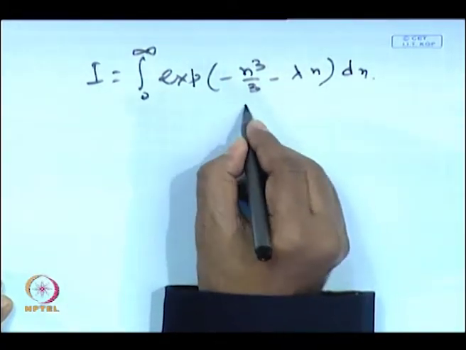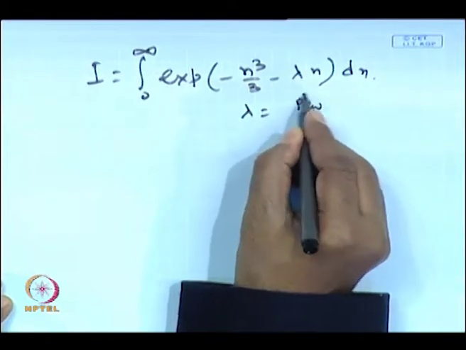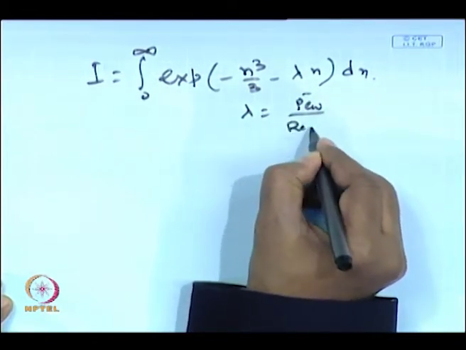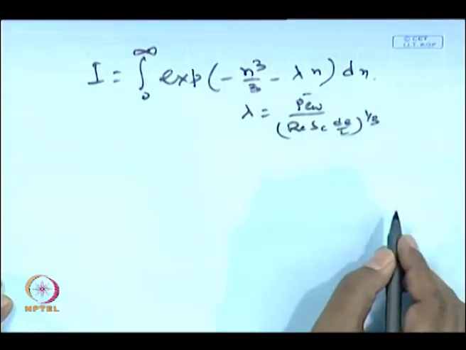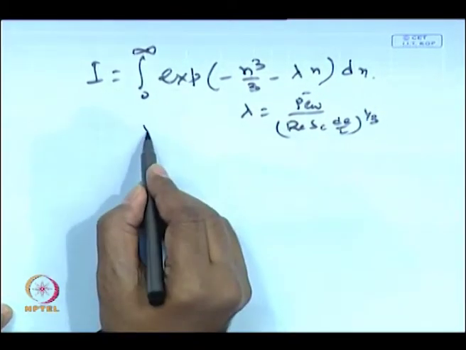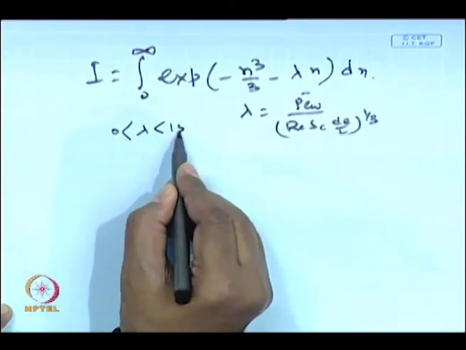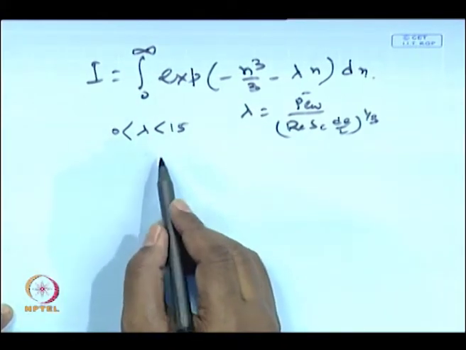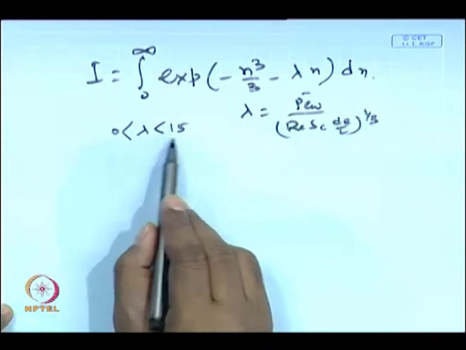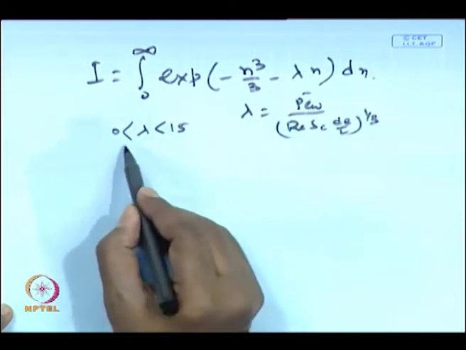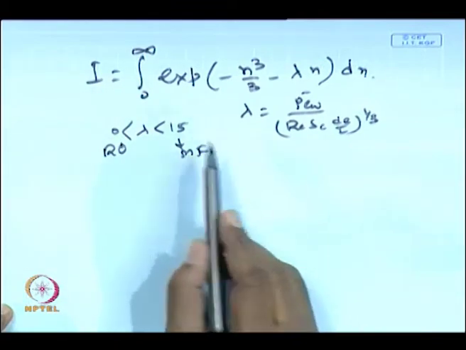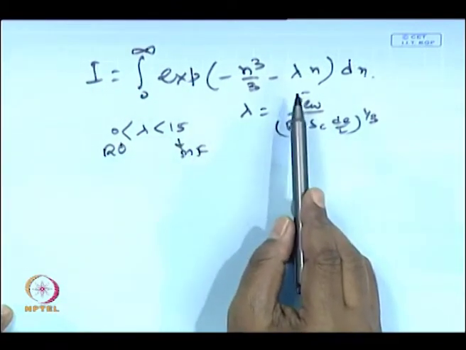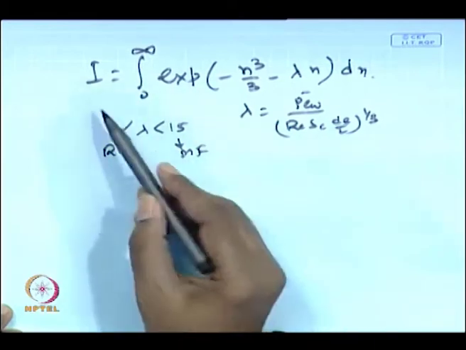This lambda is nothing but Pw by (Reynolds Schmidt d by L) raised to the power 1 upon 3. We know that typically lambda varies from 0 to 15. This is for reverse osmosis and this is for microfiltration. So, we can take different values of lambda between 0 and 15 and calculate this integral.